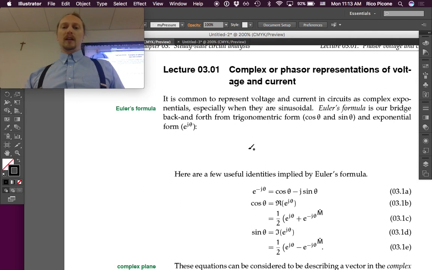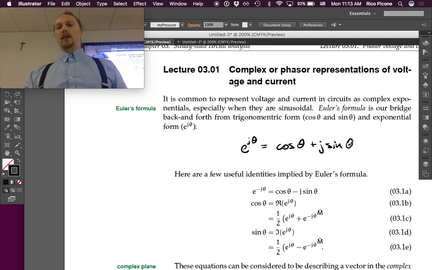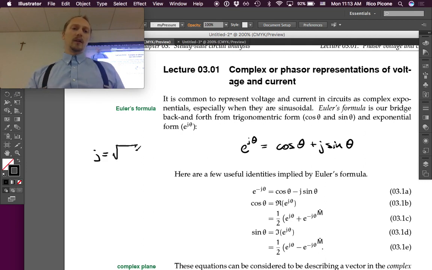So this is Euler's formula, e to the j theta equals cosine theta plus j sine theta. And j in all of this, it's important to note, is the square root of -1, the imaginary number.